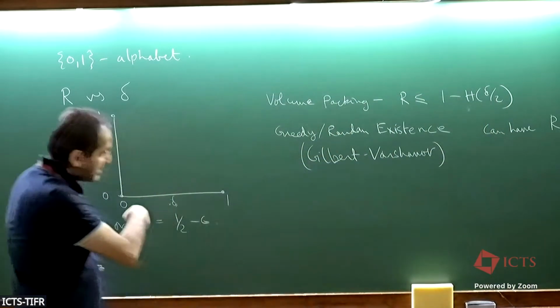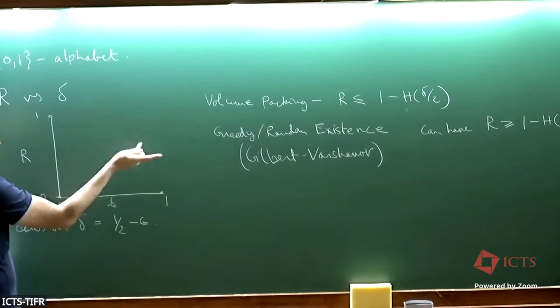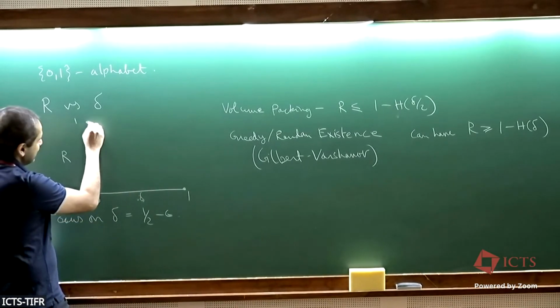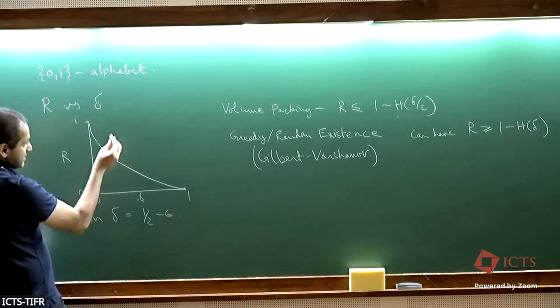And what this translates to on this graph is two curves, whatever h is. The definition of h is basically this line which I'm going to draw. It looks like this. There are no codes above this.